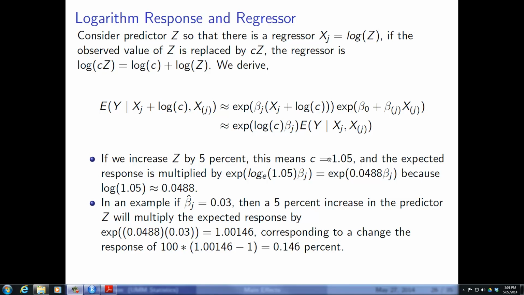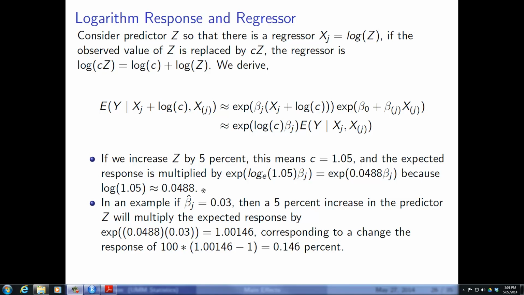If that happens, then c, of course, is 1.05, and then using the construction that we learned previously, you would have a log of 1.05 occurring right here in the inflation.